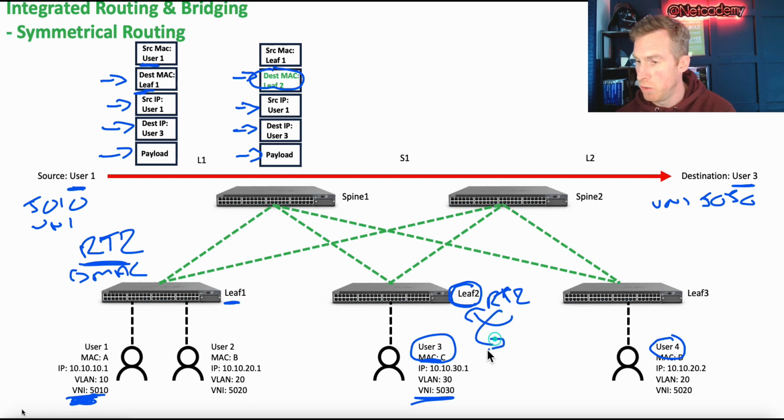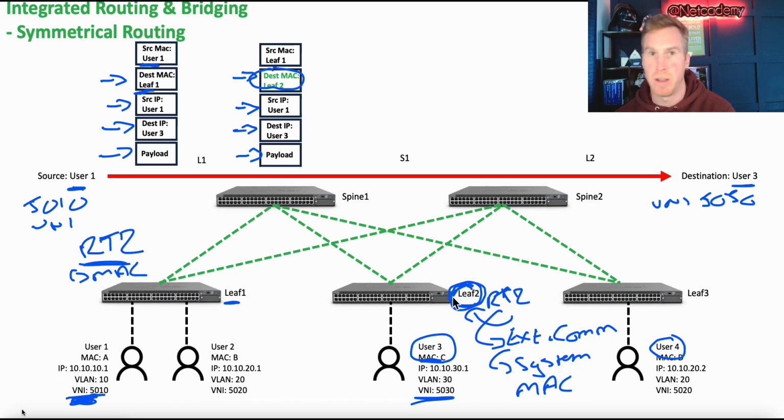So within the route type 2, you have your extended community. So I'm just going to do com here as part of the payload. And within here, you've got something called the system MAC address. And the system MAC address is basically the MAC address of the leaf, i.e. leaf 2. And so that is advertised over to leaf 1.